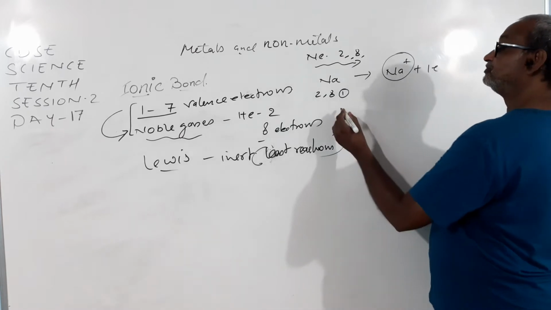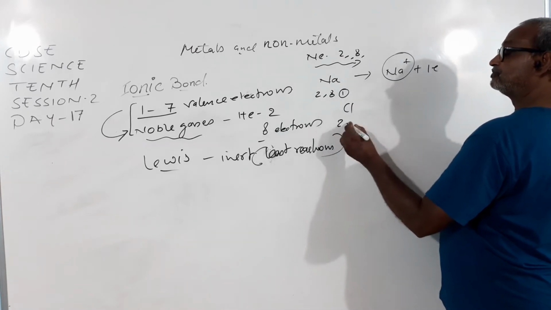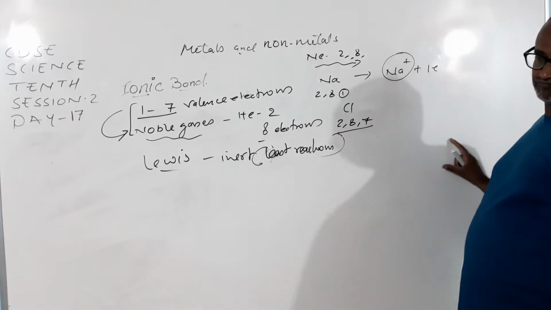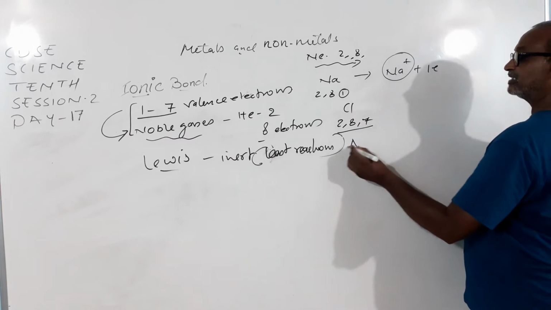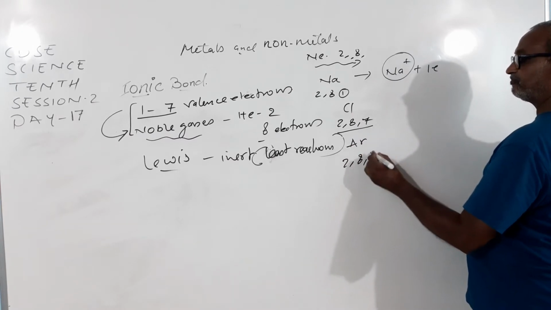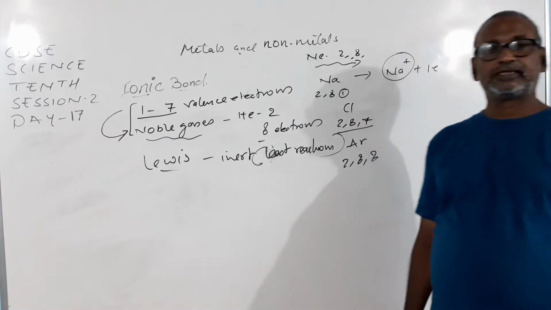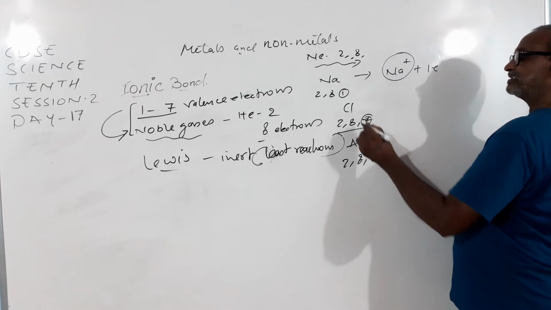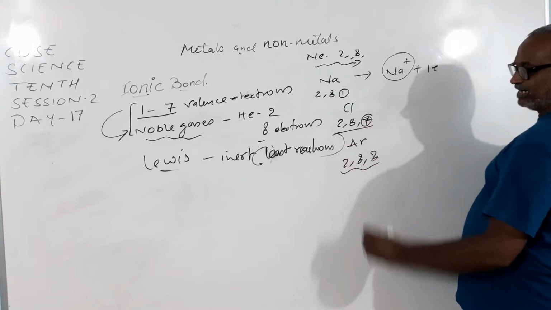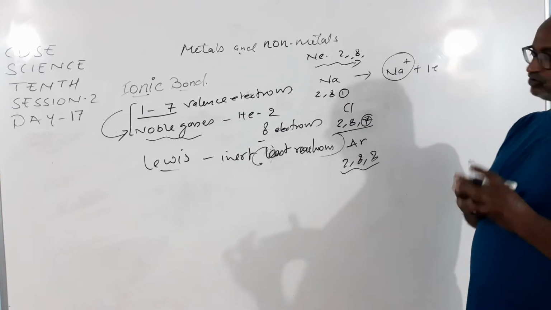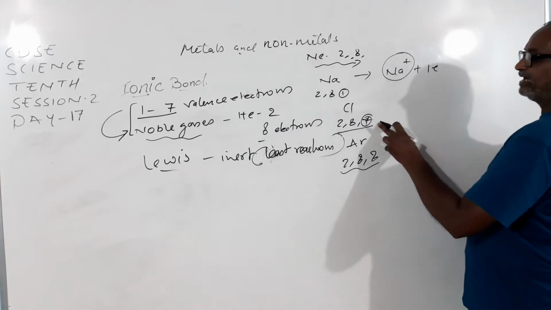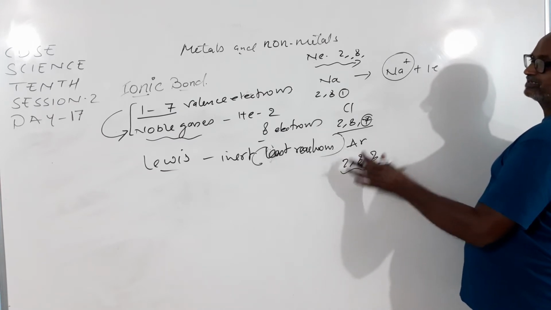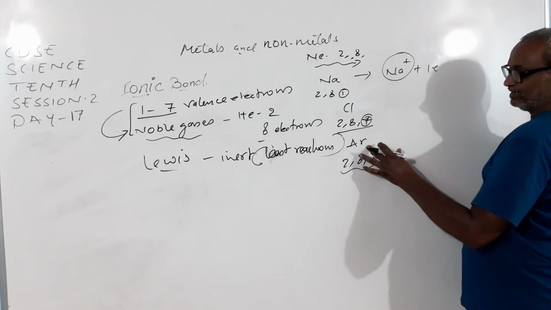On the other hand, chlorine atom has electronic configuration 2,8,7, and the nearest noble gas to chlorine is argon with electronic configuration 2,8,8. Obviously, chlorine has 1 electron less as compared to the stable configuration of argon. So it has a strong tendency to gain 1 electron and acquire the stable configuration of its nearest noble gas, argon.